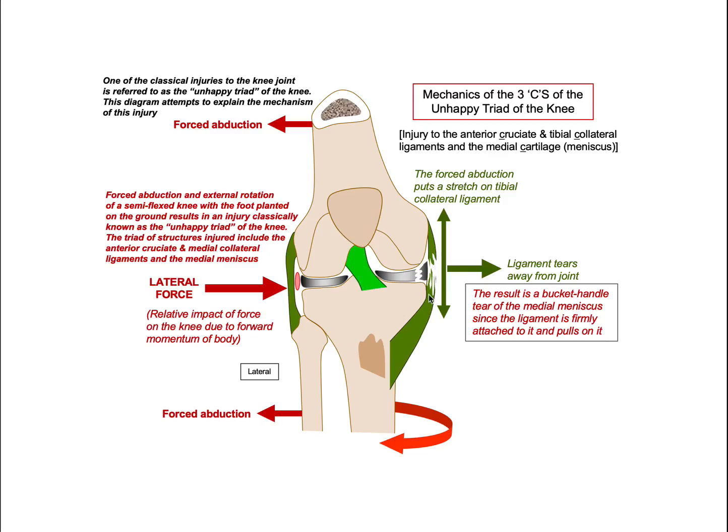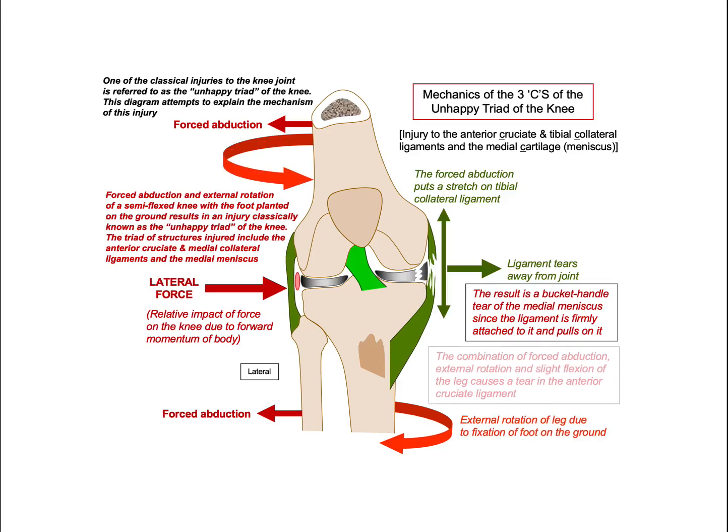So the forces were so strong that they were able to cause significant damage to the tibial collateral ligament and the medial meniscus. So how can we think it can be spared? No, and there was rotation. As a result of that, what can happen? The combination of forced abduction, external rotation, and slight flexion of the leg causes a tear where?